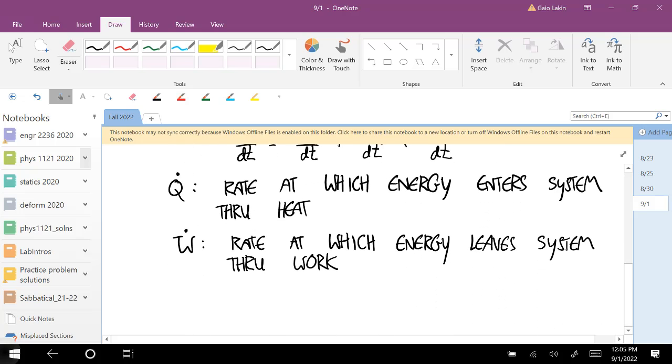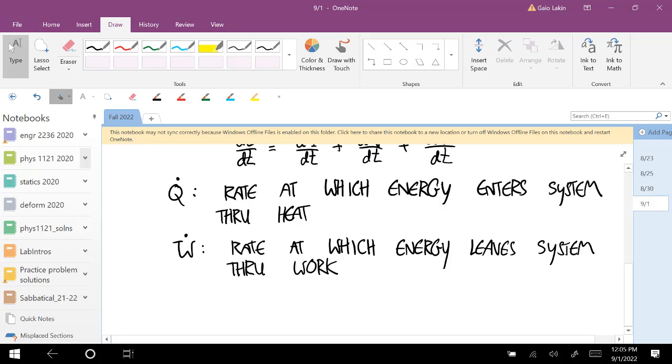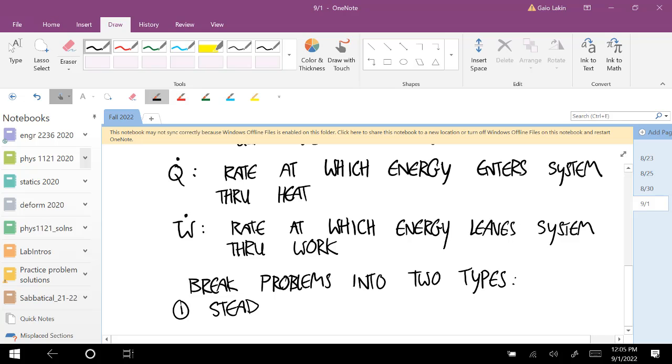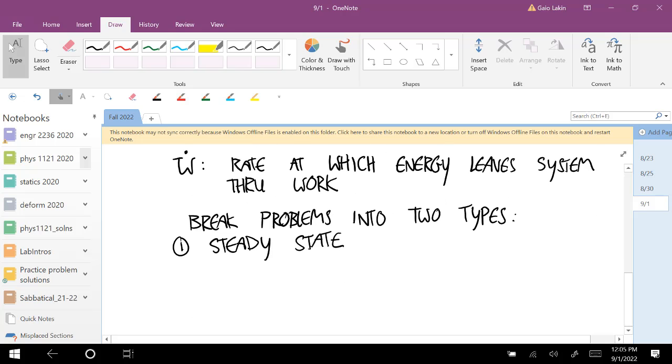When we use this differential form, we're going to break problems up into two types. Those are steady state, and steady state means that the properties are constant, and therefore dE dt is equal to 0.